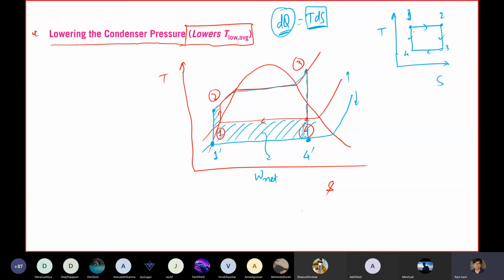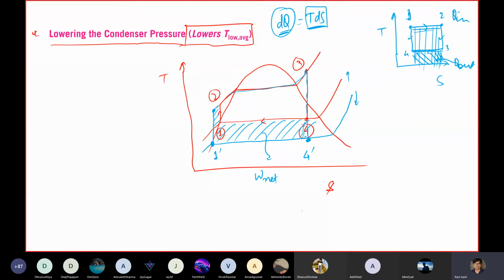From 1 to 2 you have this whole area, and this is the heat given to the system, or Q in, and 3 to 4 is Q out of the system. So this is Q out. So the net is this much.